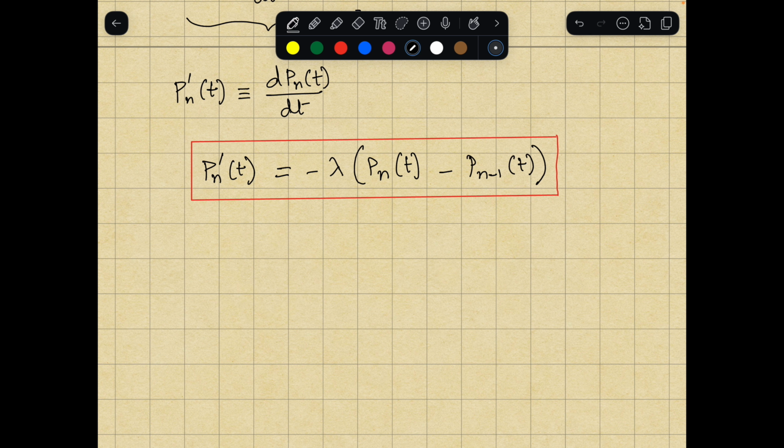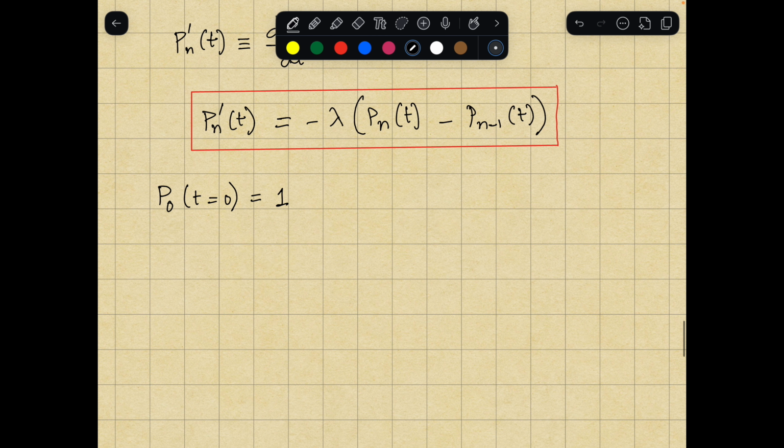The first one is, what is P0 at t equal to 0? What is the probability that no photon arrives at t equal to 0? Well, it is a certain event, because as soon as you start the experiment, you don't get a click. So P0 at t equal to 0 is 1.